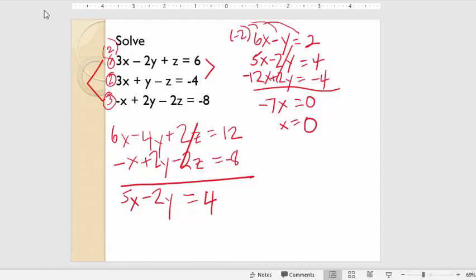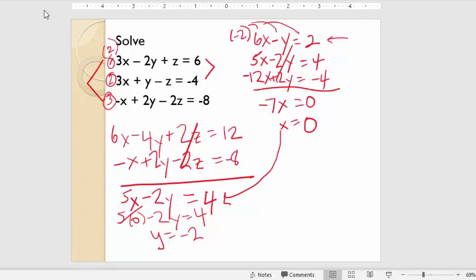Now I can plug that 0 into either equation, this one or the one up above, to solve for y. So where I see x, I'm going to plug in a 0, minus 2y, and that equals 4. That goes to 0, and I get y equals negative 2. So I have my x value and my y value, and then I just plug those two into any of these 3 equations to get z.